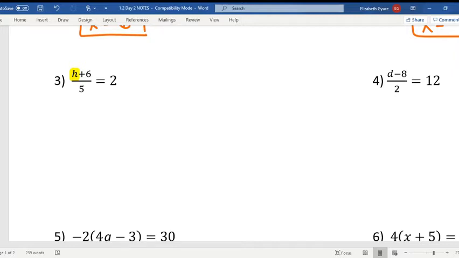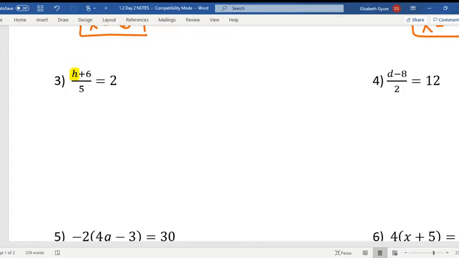Because the whole thing's a fraction, right? If I do my two-column method, I can't move anything. It's all stuck in that fraction, right? So if everything is stuck in this fraction, well, what should we maybe try to get rid of? The fraction. Okay. Now fractions are just division, right? So doesn't this mean that we're dividing by 5?